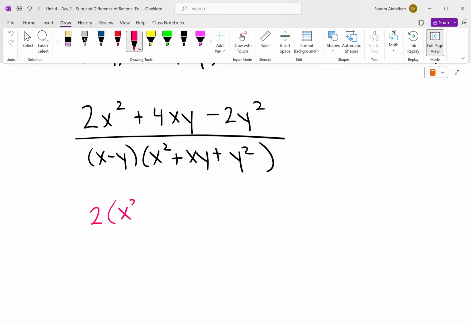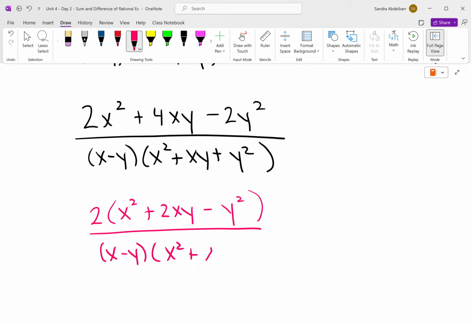So you can pull out a GCF of 2. Not going to really help. But we have x squared plus 2xy minus y squared. Can I factor that?